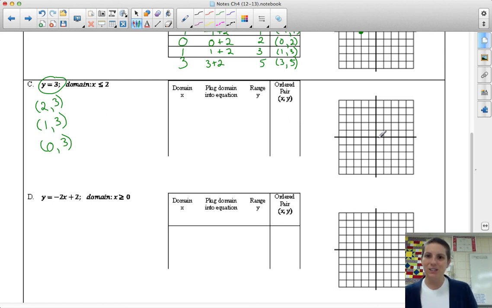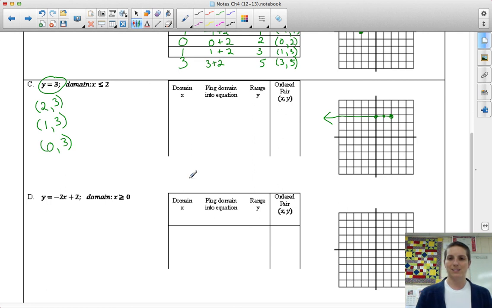So 2, 3 is this point. 1, 3, 0, 3. So my starting point is here, and my x values can get smaller. Means that my graph, in this case, goes to the left. It's restricted. It can't go to the right, but it can go to the left.